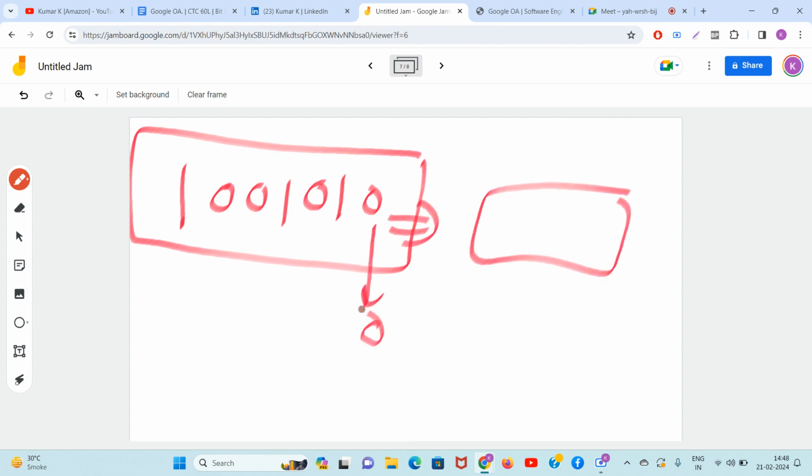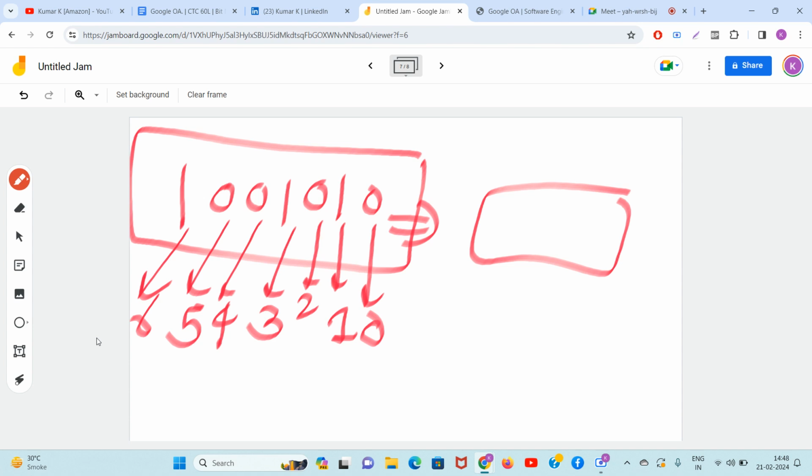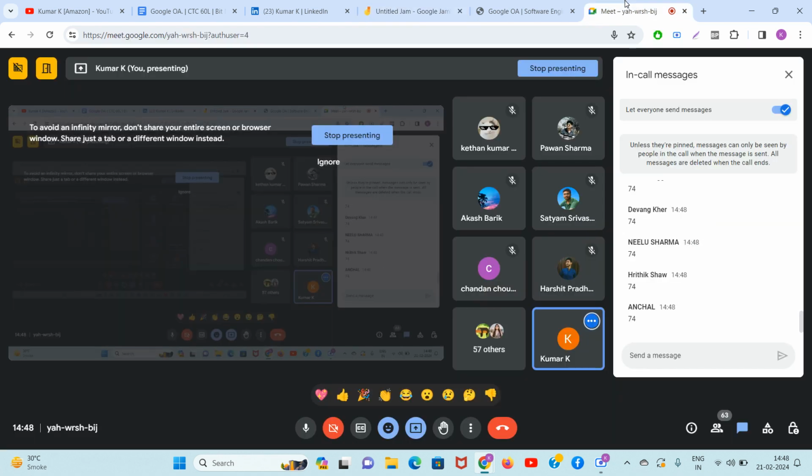I am writing the index for you. 0, 1, 2, 3, 4, 5, 6. How did you do it? Tell me, how did you convert it, guys? What formula did you use? Please write in the chat.